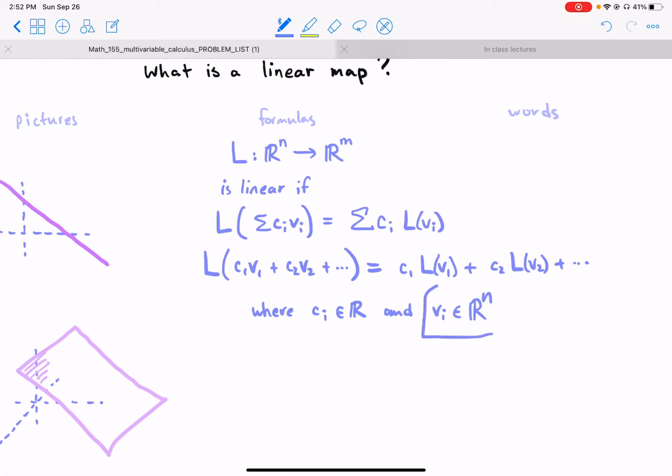And L of the Vi have to be in the output space, m-dimensional vectors. Each of these is an m-dimensional vector, and we're scaling them by real numbers and then adding them up. So that's what it is in formulas.